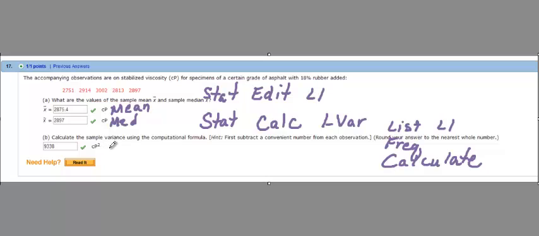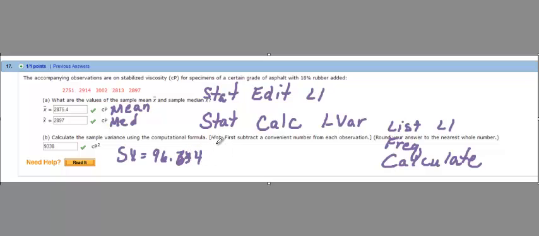And then for the sample variance, the calculator doesn't actually give me a sample variance, so what I did was I just went to the sample standard deviation, which looks like this, and for mine it was, I believe, 96.634.